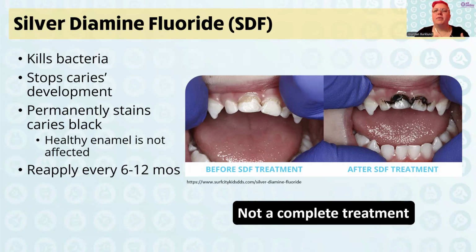A lot of parents get nervous about getting this because they're afraid people are going to judge the kids. The kids will get bullied. People will think they're bad parents because the kids have black teeth, but it's actually an amazing thing because it can stave off more significant, possibly traumatic treatment.